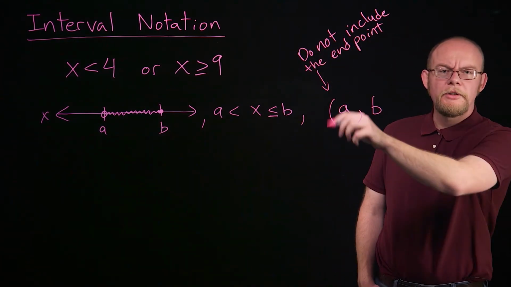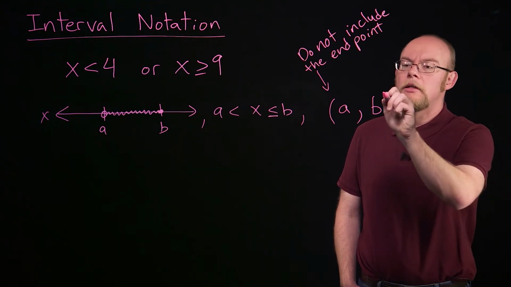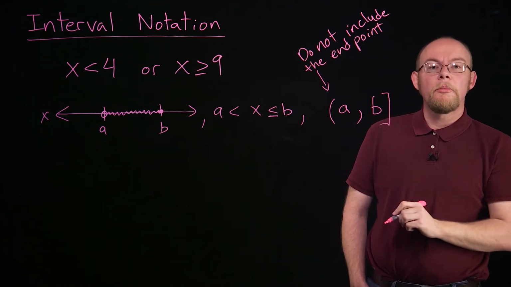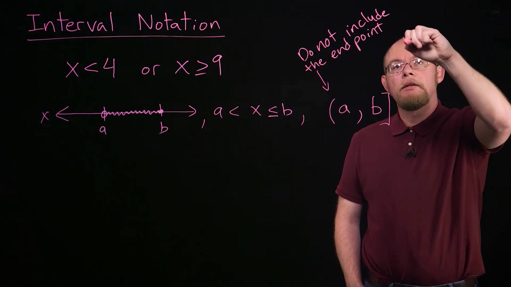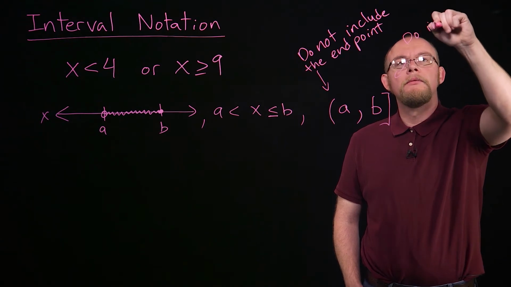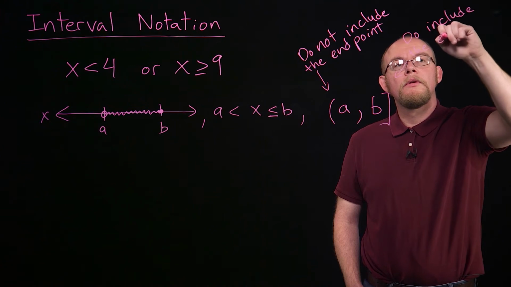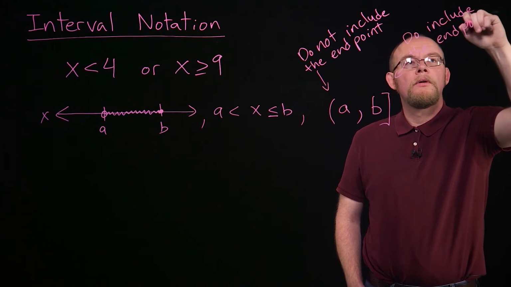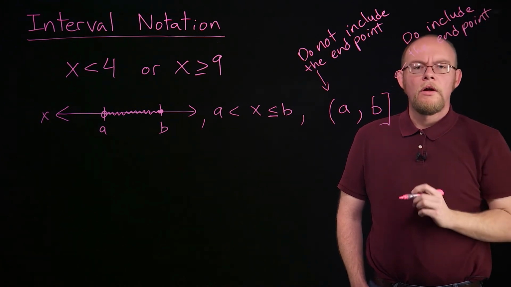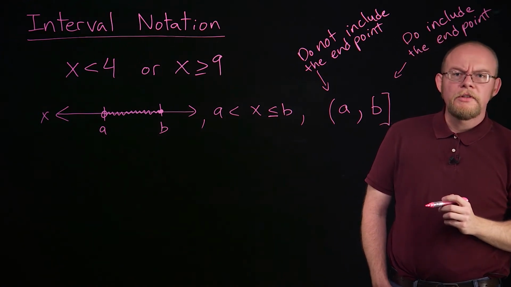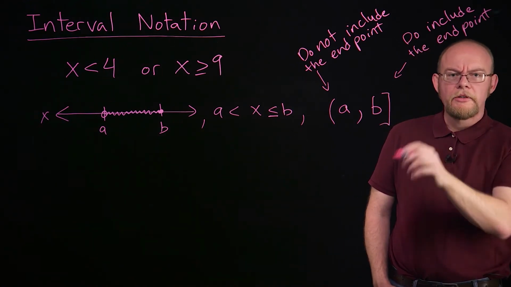All right, so anytime you see a round bracket like that, then that's what we mean. And then we include a square bracket. That means we do include.